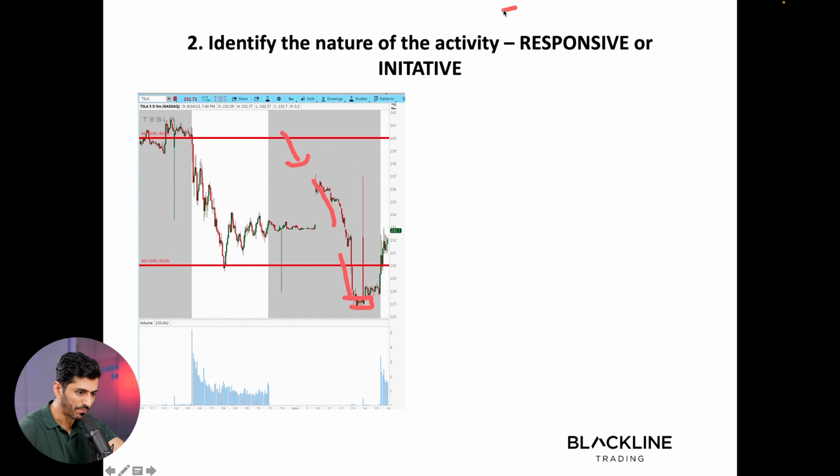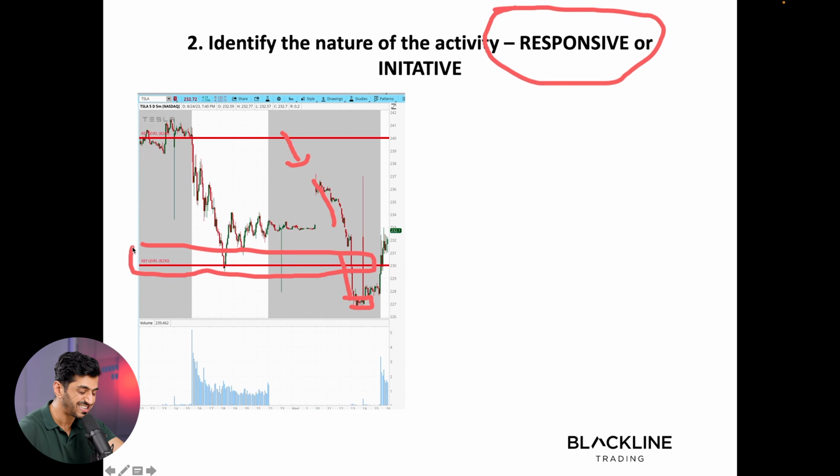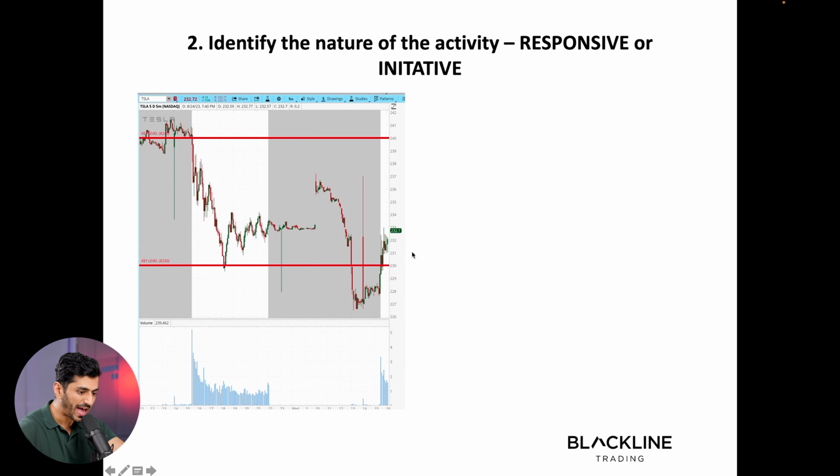Now, looking at the concept that we discussed earlier, as we have discussed, 230 has been established as a strong demand zone. The hypothesis here is that as the session opens, these initiative actors, as they have a strong interest in this area, will come and defend this area very, very strongly. There will be a battle between the responsive actors and the initiative actors, and one side will win.